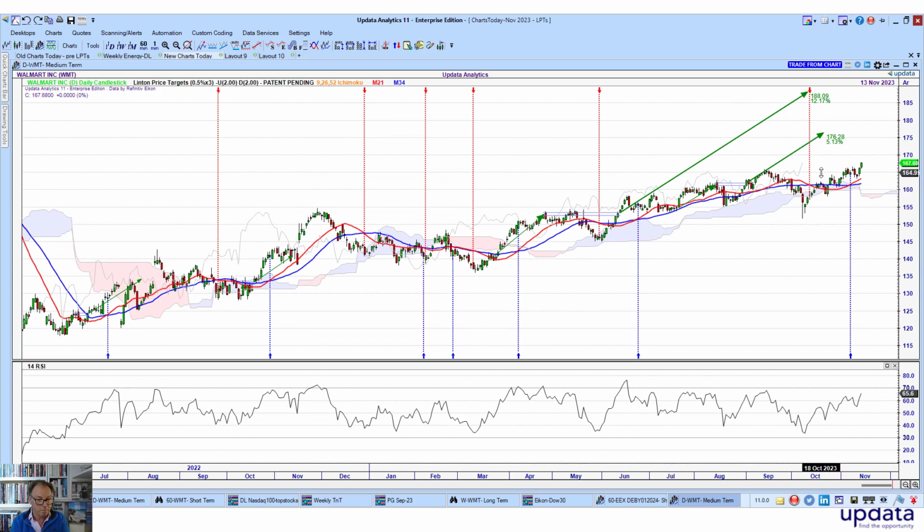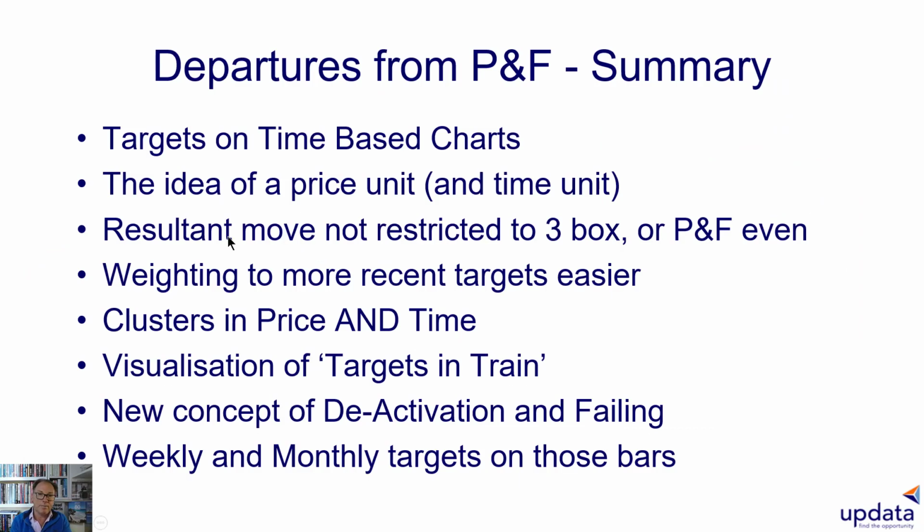Does that help me? The key idea is a unit of price and a unit of time. So if I'm looking at 0.5% on a daily and I'm using 2, which is my default, that means when the target is in train, it goes up 0.5% every 2 days. And that then means, of course, it goes up 1% every 4 days.